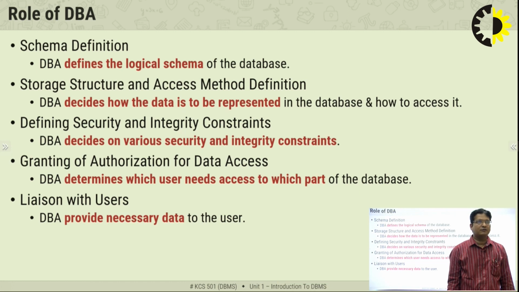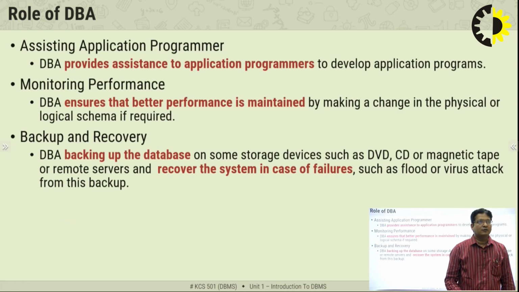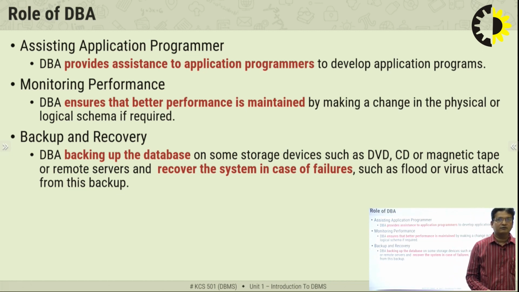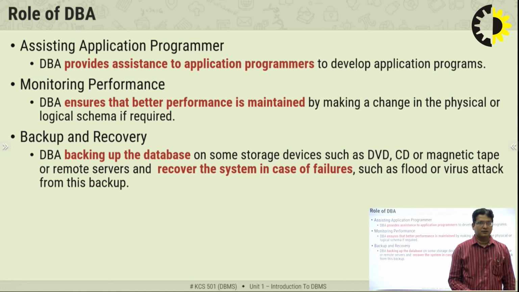He is also responsible for backup and recovery. That is a very important role of DBA. In case of a failure or catastrophic event resulting in the loss of database, this function of DBA is very much required. DBA also assists the application programmer to develop the application program.